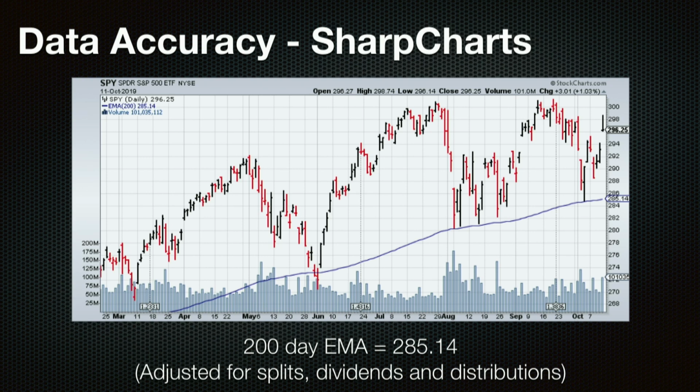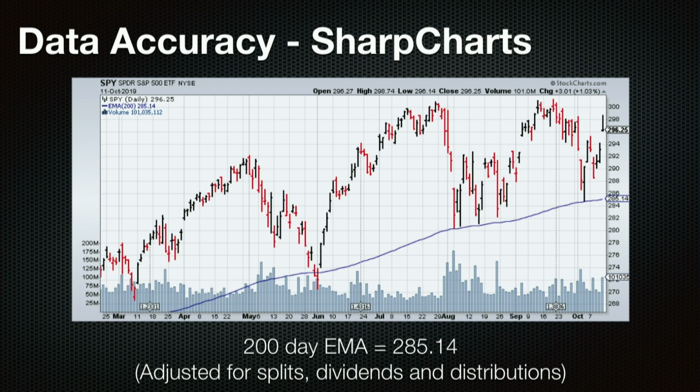Here's a different one for the SPY, where not only have we used a lot of data to calculate things like EMAs, we also adjust our data for splits, dividends, and distributions, and we remove those artificial effects from the technical data. Technical analysis is all about figuring out why the stock moved from market forces.